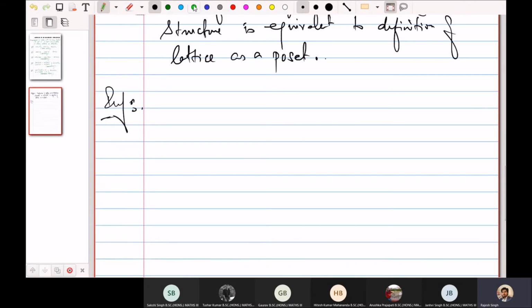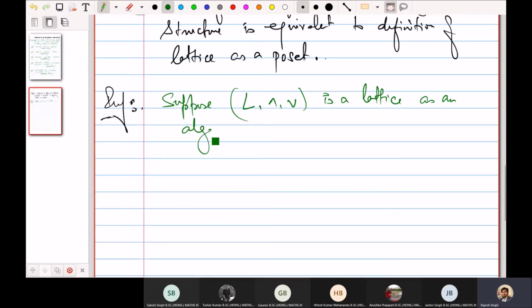So how to prove this? Suppose L with cap and cup is a lattice as an algebraic structure. So first we have assumed that this is a lattice as an algebraic structure. So these 5 properties that we have just mentioned are satisfied.